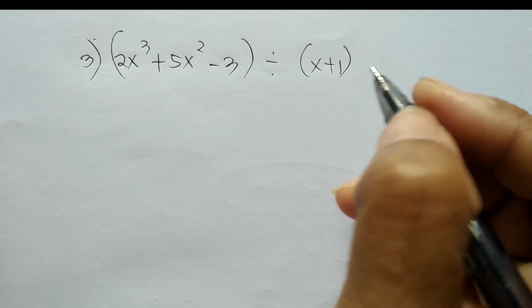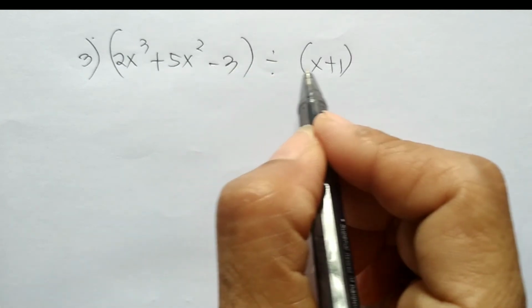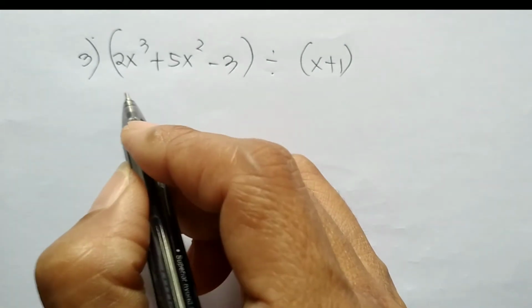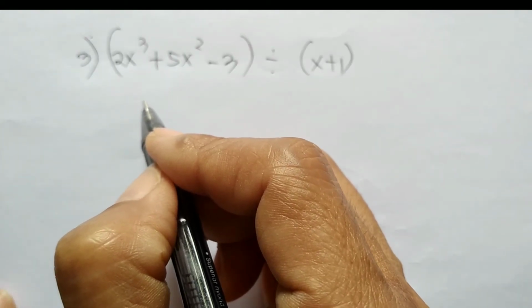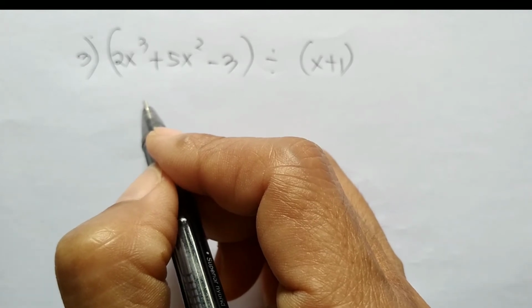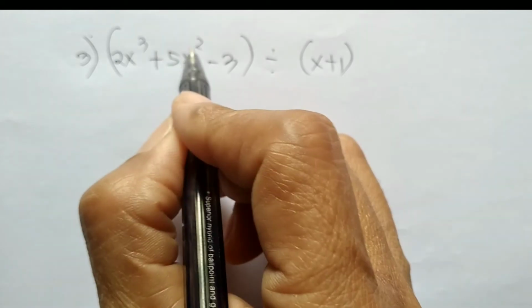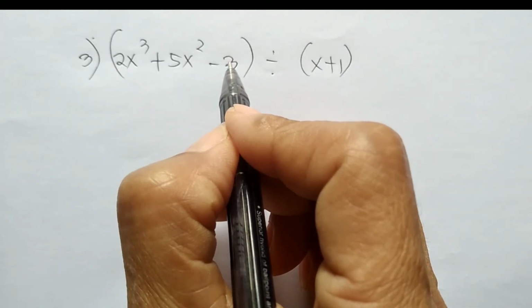Okay, we have example number 3. 2x cubed plus 5x squared minus 3 divided by x plus 1. Let us check our dividend, so we will not be mistaken when we are going to arrange the coefficients in a row. We can see that there is no term that contains the linear term.